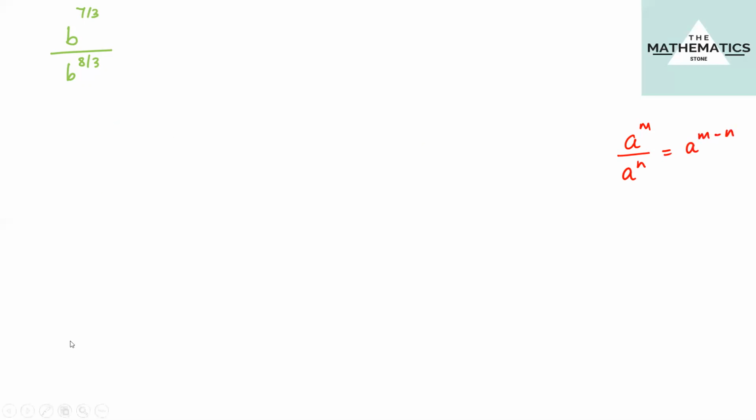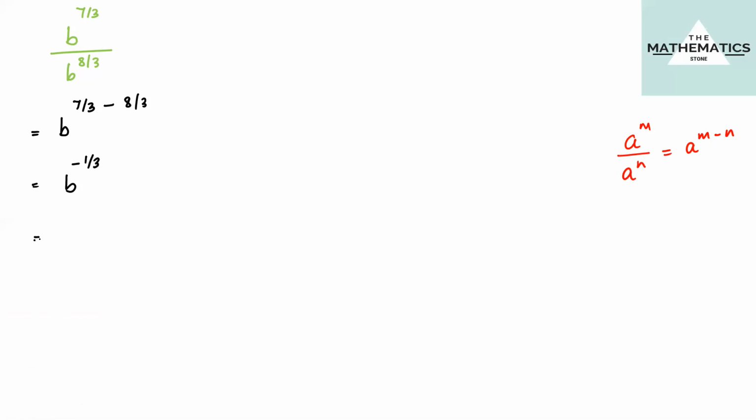I'm going to apply this property here. So we get b raised to 7 over 3 minus 8 over 3, which gives me b raised to negative 1 over 3.